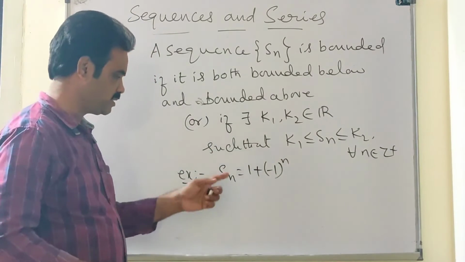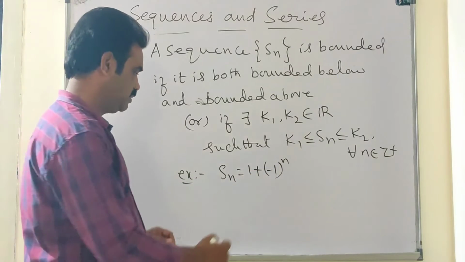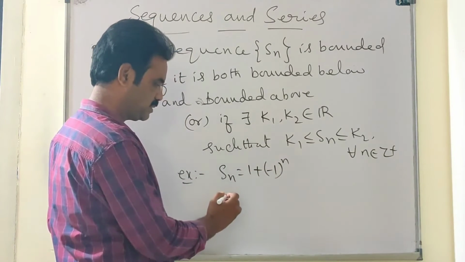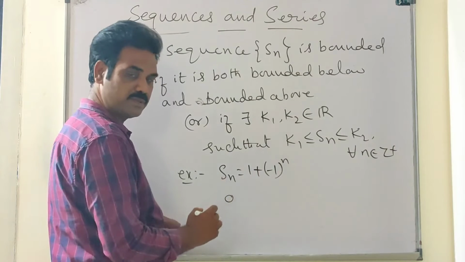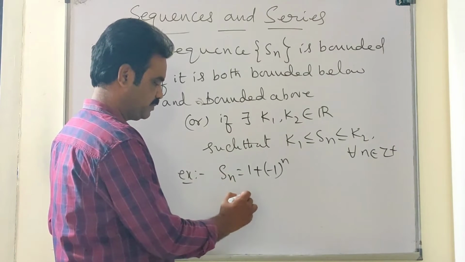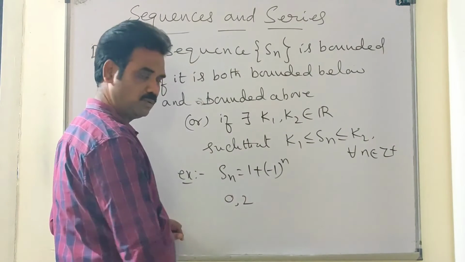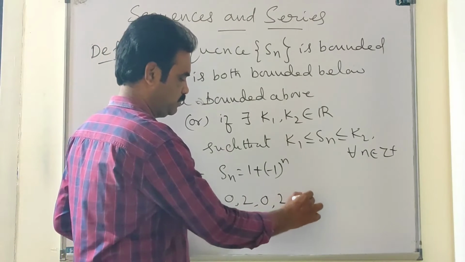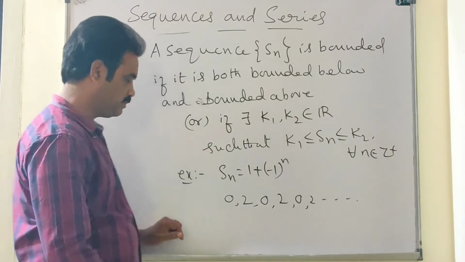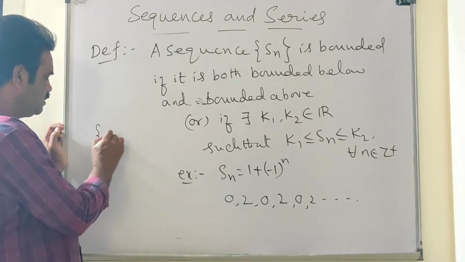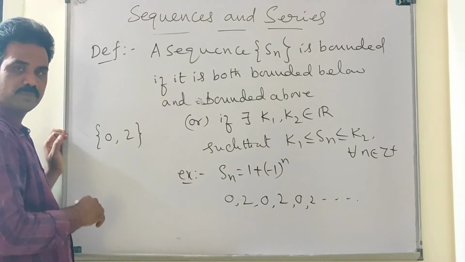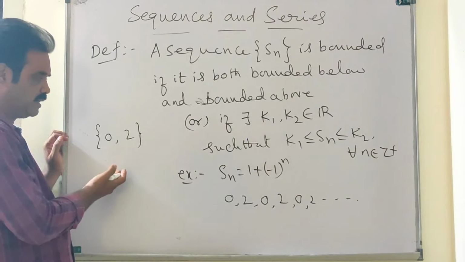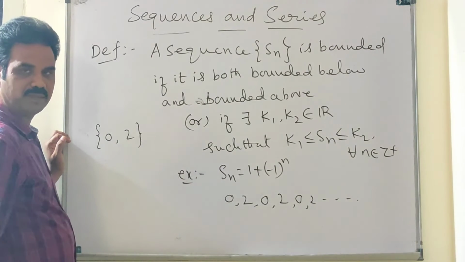That means the nth term is 1 plus minus 1 whole power n. Then what are the terms of the sequence? The first term is 0, the next term is 2, next 0, 2, 0, and so on. That means the range of this sequence is 0, 2, which is bounded. Hence this sequence is bounded.